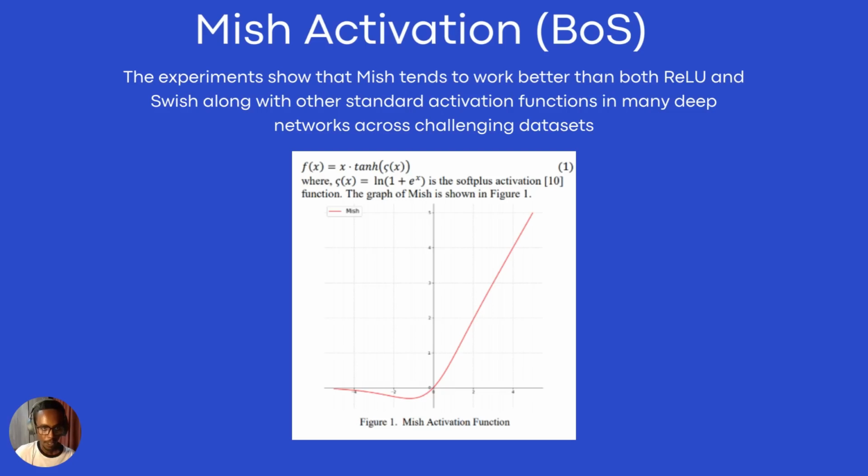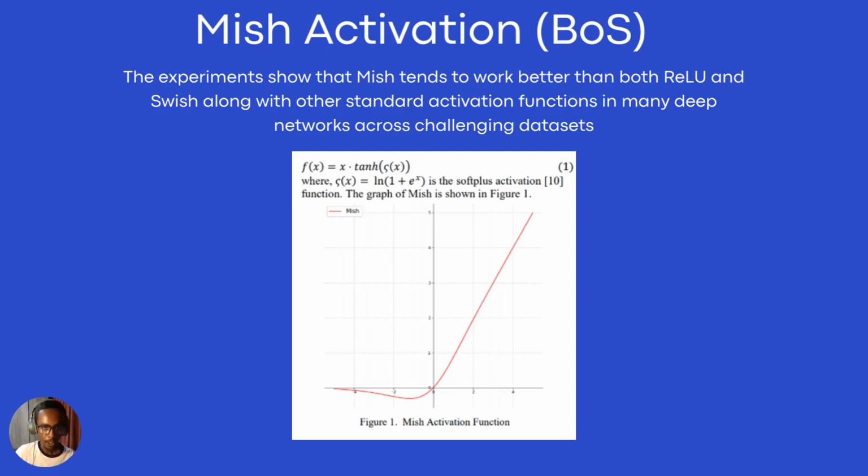And the Mish activation function is basically given by the formula: the input x multiplied by the tanh of the softplus activation of the input. And the softplus activation is basically the natural logarithm of 1 plus e to the power of x.